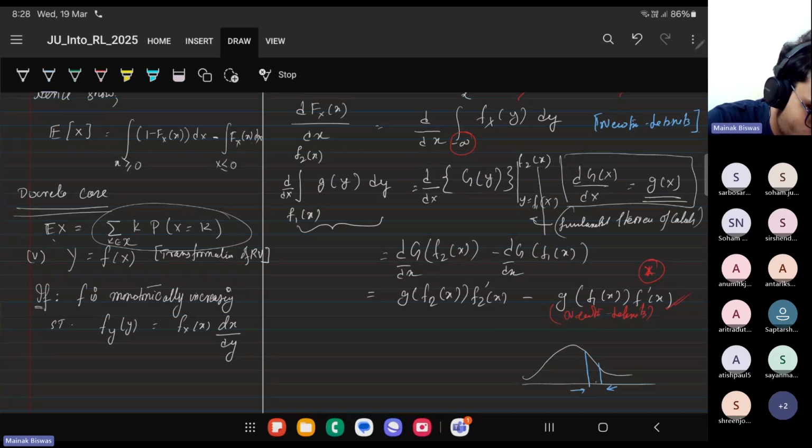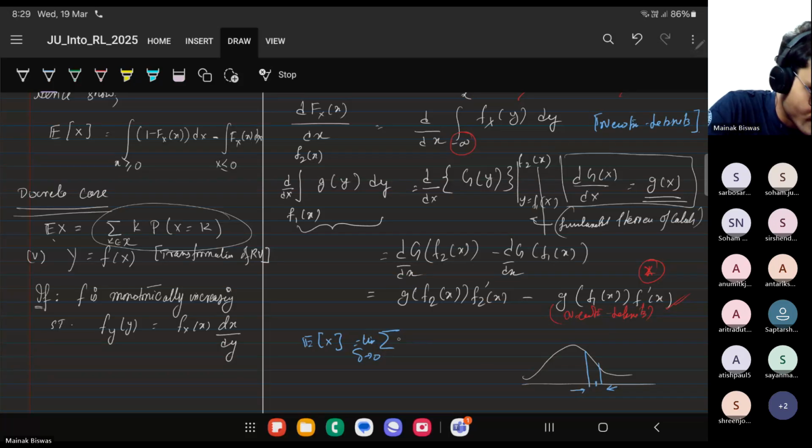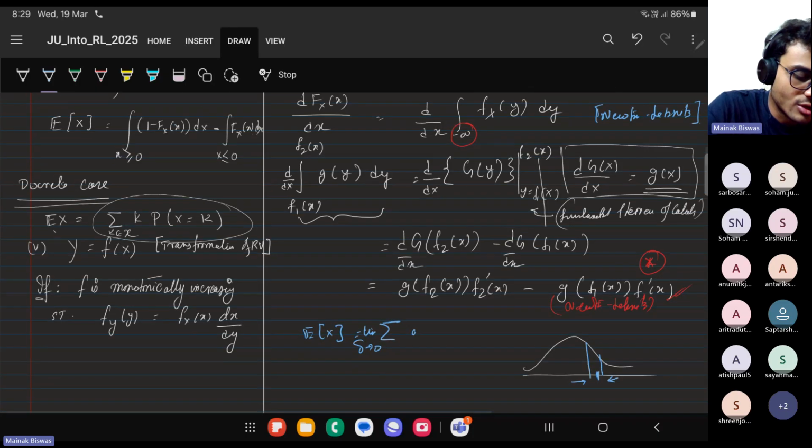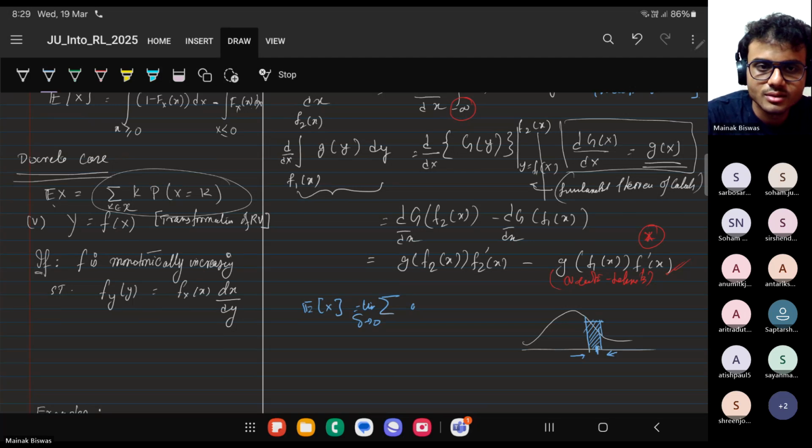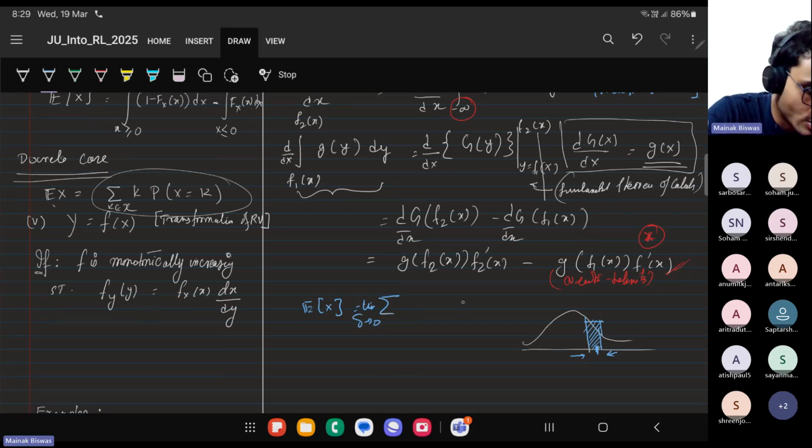So for a continuous variable, the expected value can be extended as the limit as delta tends to 0. You're trying to find this area, isn't it? And you're doing the Riemann sum, correct? So this will be P of x belonging to k and k plus delta.